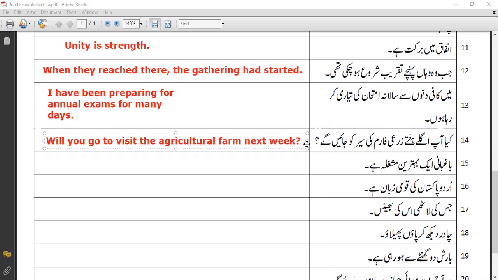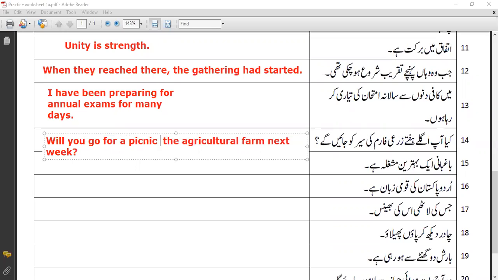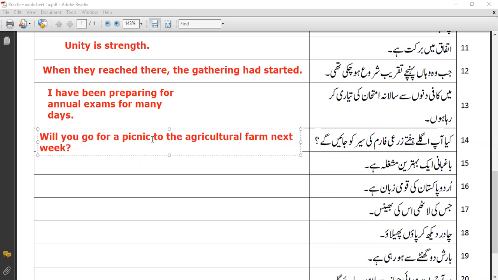Seems fine. Sir, picnic. You can write yes. Will you go for a picnic to the agricultural farm next week? Yes. So you can then change it and say, will you go for a picnic to the agricultural farm next week? Well, that's not wrong. That's fine. And I'll try to adjust it in one line. Okay.